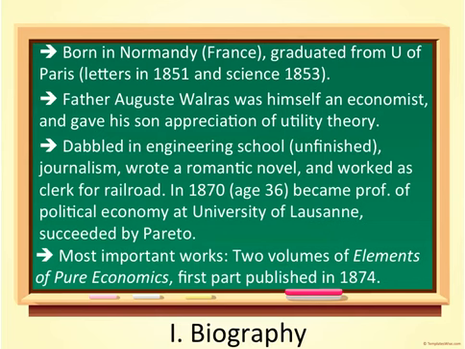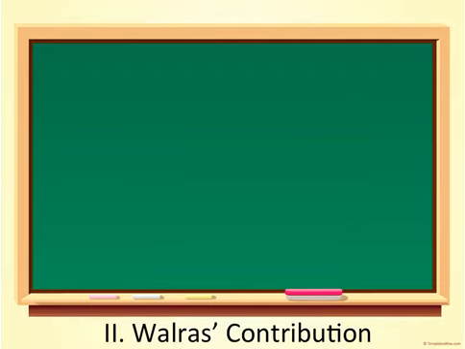Walras was the latest into print with it in 1874, but it's an interesting story. He was sending letters to Jevons, and it was clear that Walras really did independently discover it. It's not that he read Menger or Jevons. Okay, so what was his contribution?